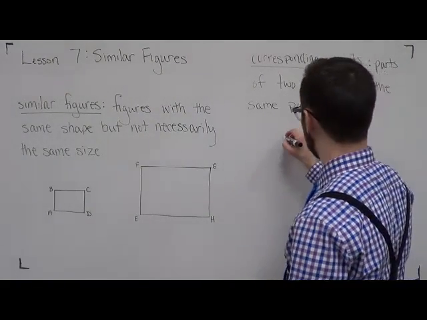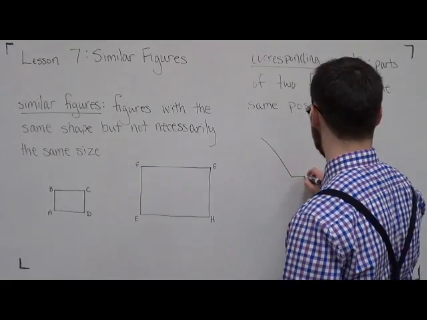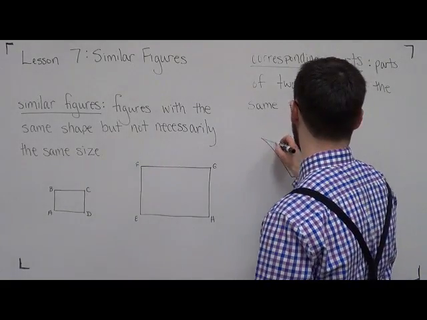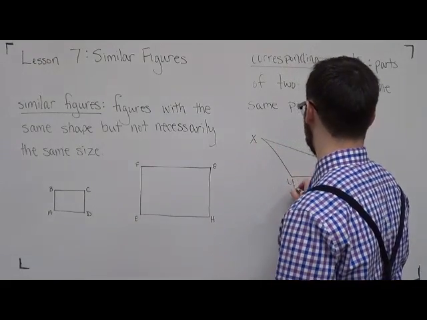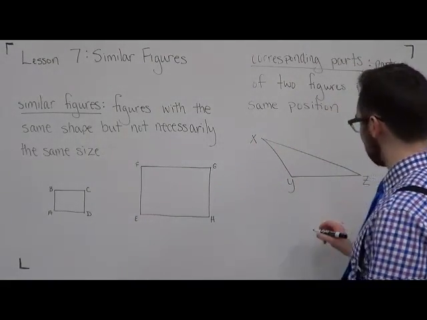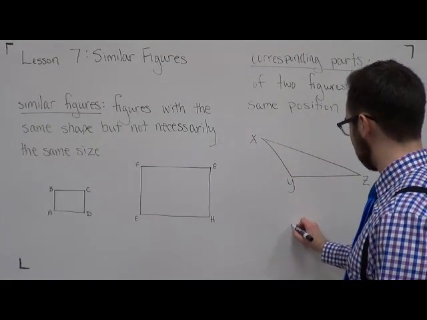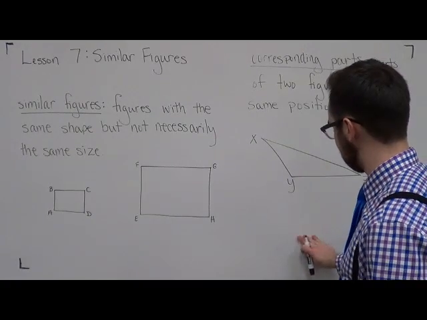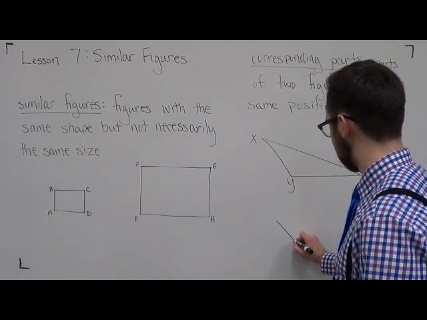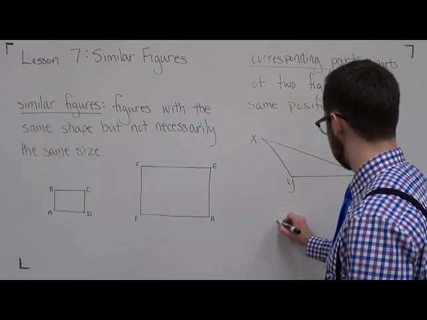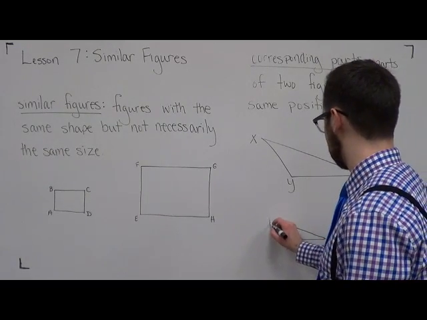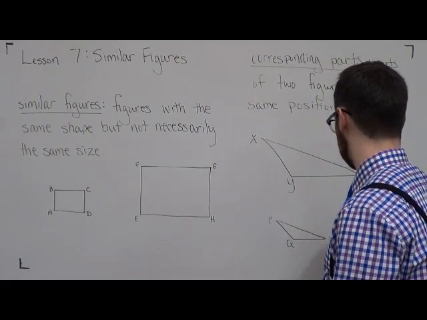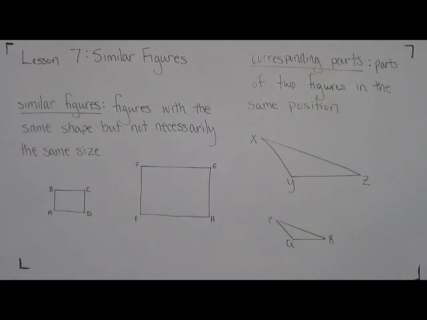So if I have two triangles, we'll have triangle XYZ, and then we have a similar triangle PQR. The triangles are similar.